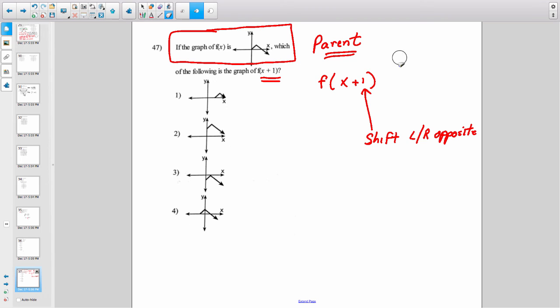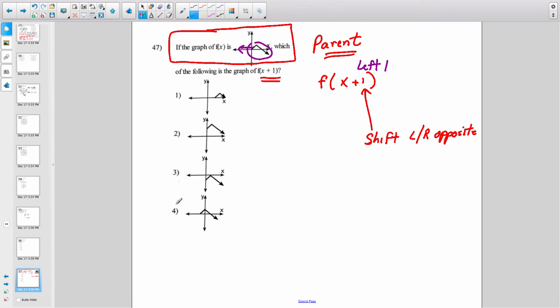Now we don't have that, but I just wanted to show that to you in case. So what would it be for plus 1? Well, that means I'm going to go left because I'm going opposite. I'm going minus 1. So I'm going to go left 1. So let's take this graph here and shoot it to the left 1. Which picture most resembles that?